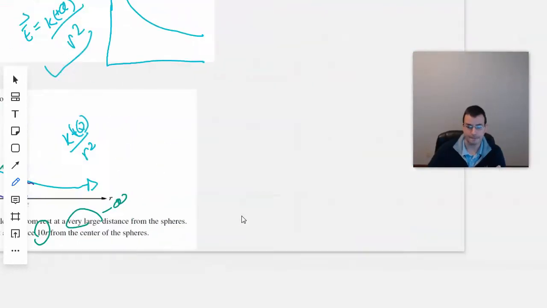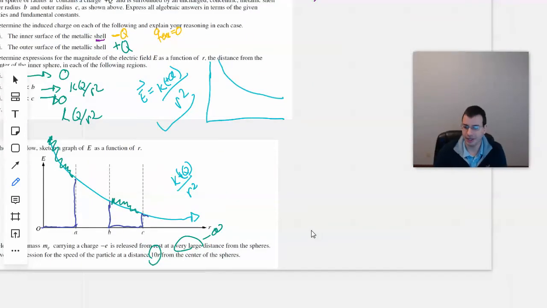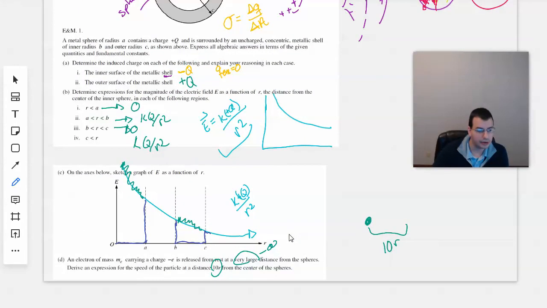Okay, so this is almost like a completely different problem. So I'm going to draw our spheres like this. This is 10r from the spheres.